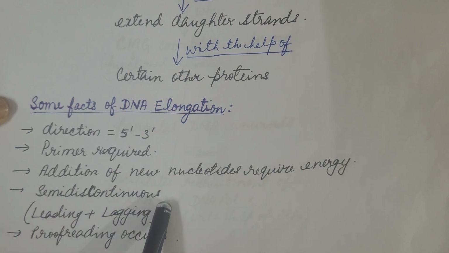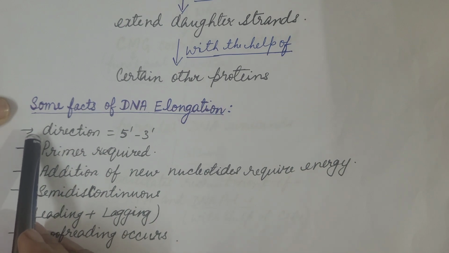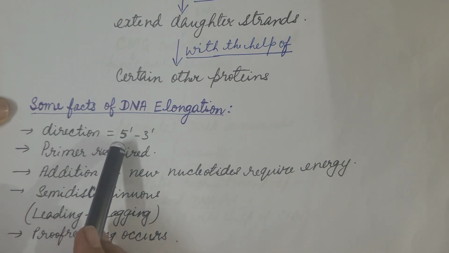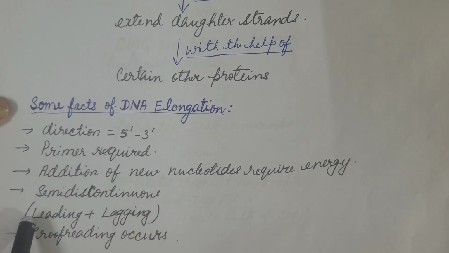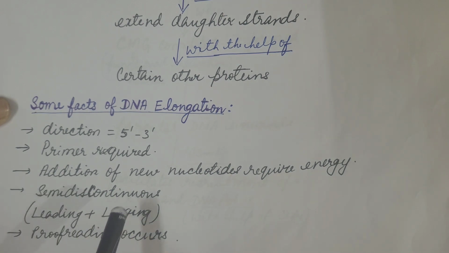Elongation is semi-discontinuous. As DNA is antiparallel, and synthesis of the new strand always takes place in the 5' to 3' direction, one daughter strand is synthesized continuously, known as the leading strand, and the other strand is synthesized discontinuously, known as the lagging strand.